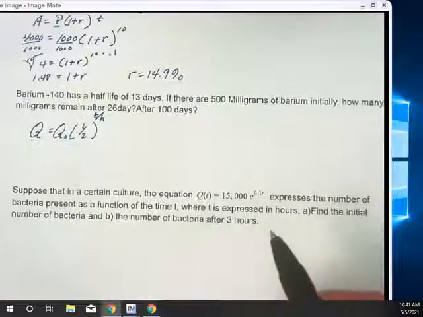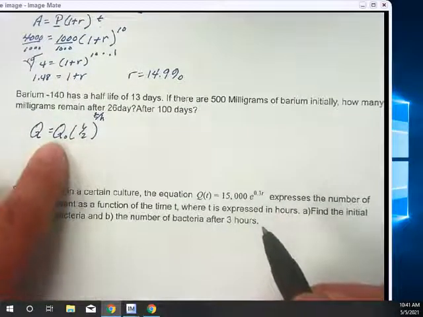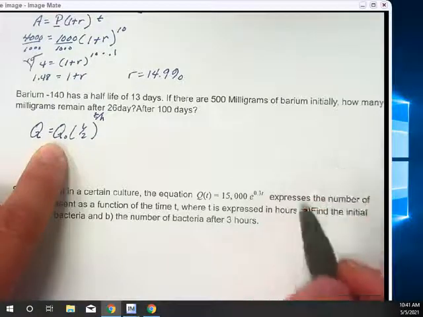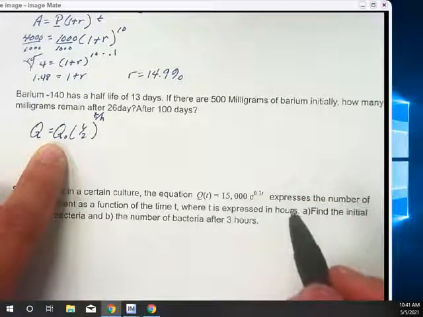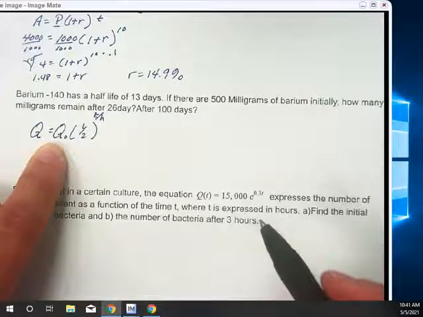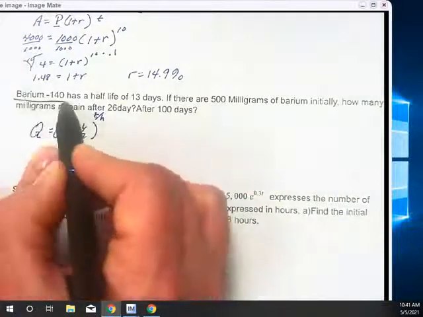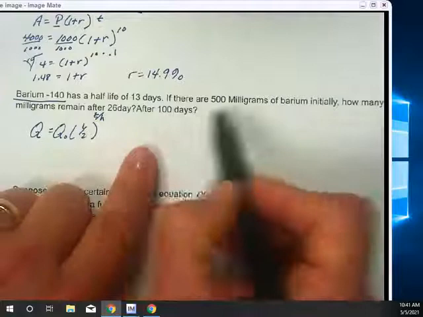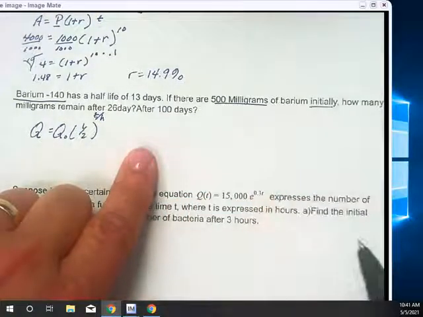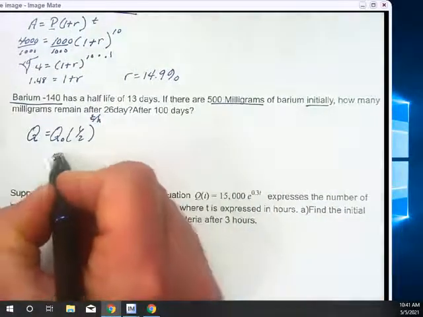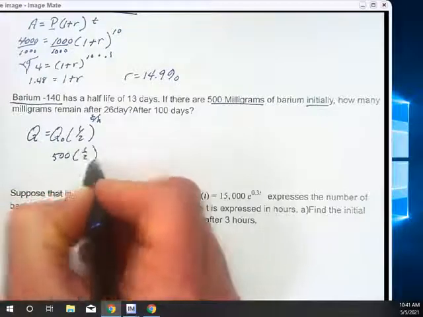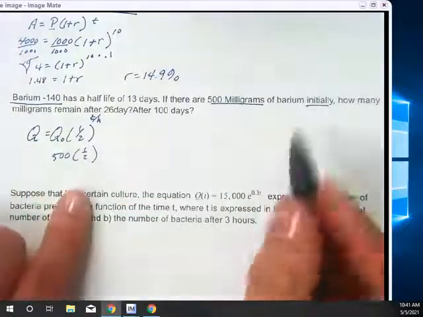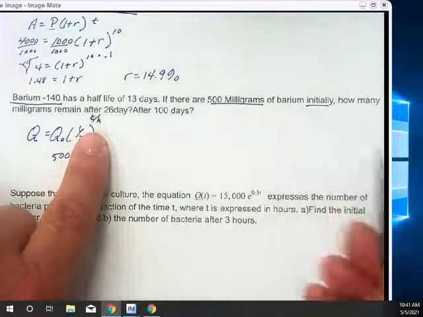What is my initial Q sub 0, my initial value? Yeah, the barium 140 is the name of what we're talking about. Okay. So if there are 500 milligrams initially, so the Q sub 0 is the 500 times the 1/2. Now we're going to have to look at something. Our T and our H have to be in the same units.